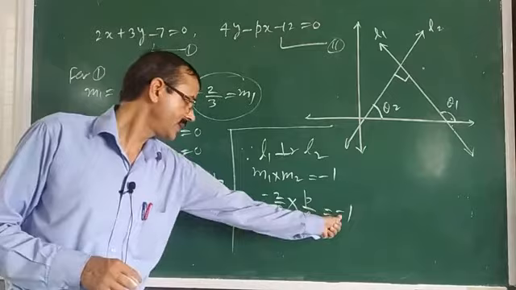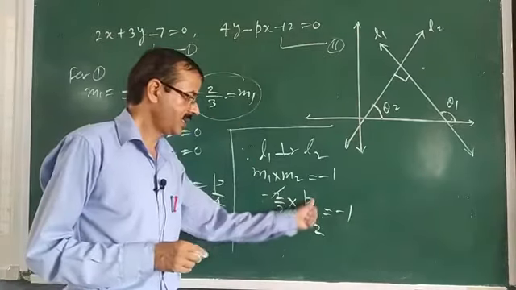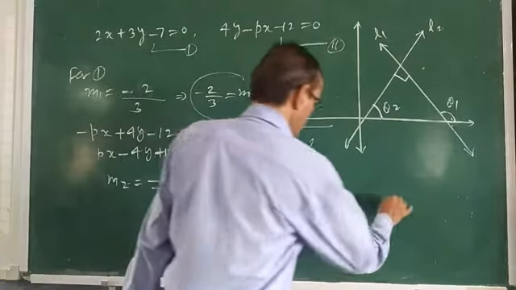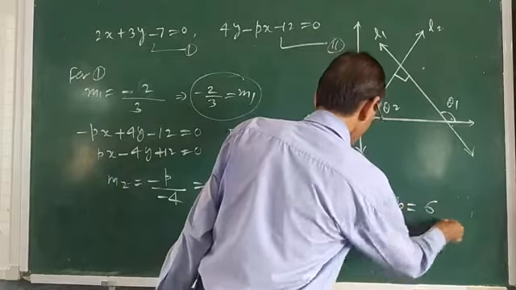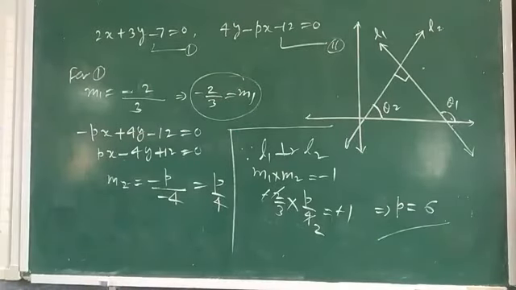Minus 2 upon 3 into p upon 4 is equal to minus 1. Minus minus cancel, 2 fours are 8, 2 threes are 6, so your answer became p is equal to 6. This is the answer of this question.